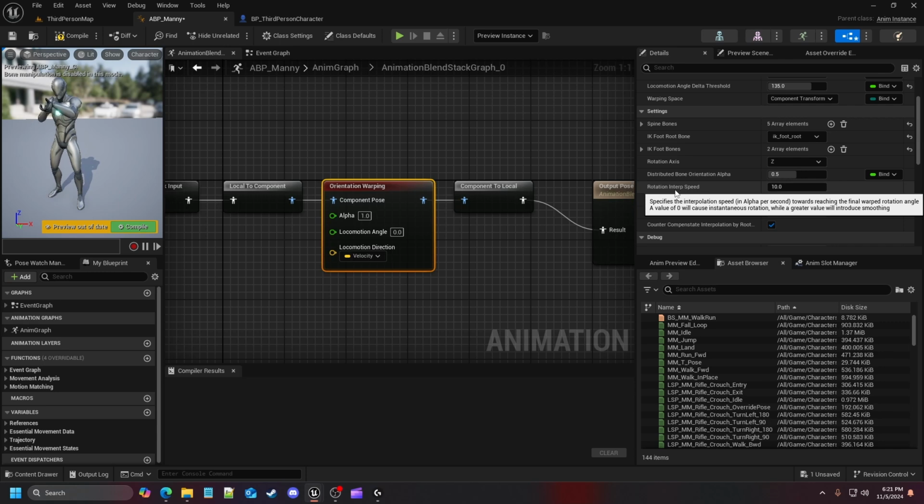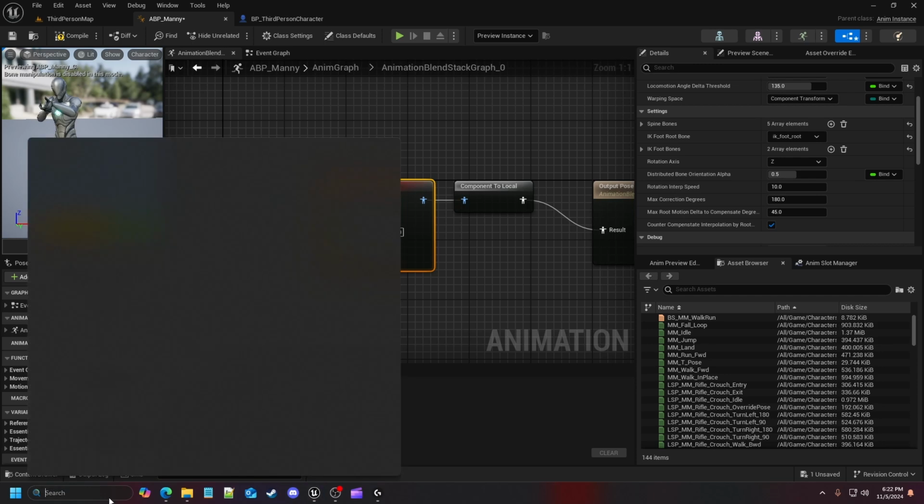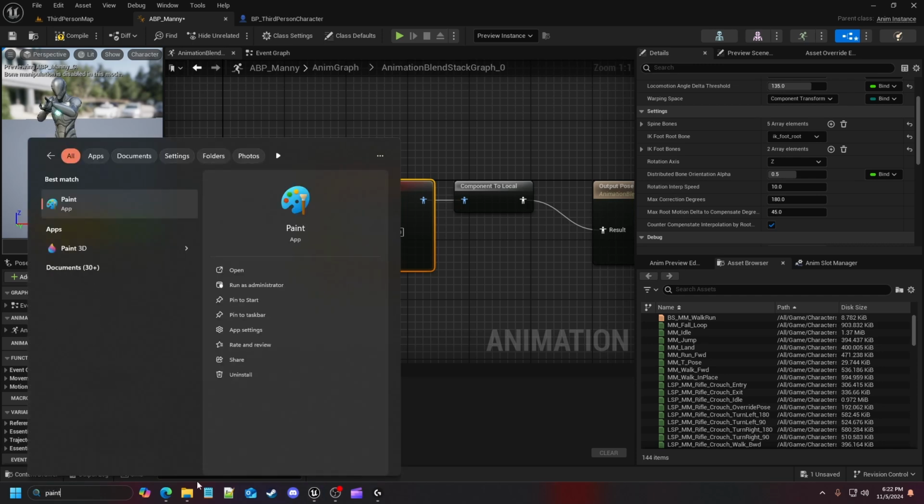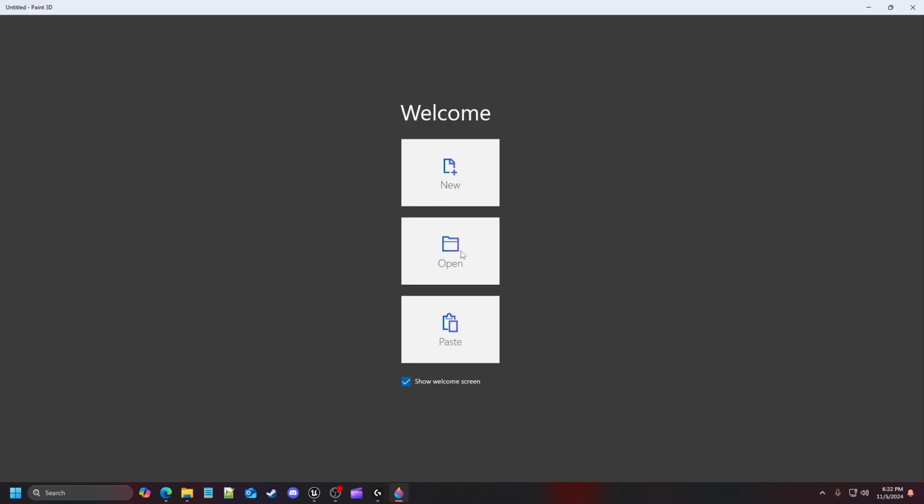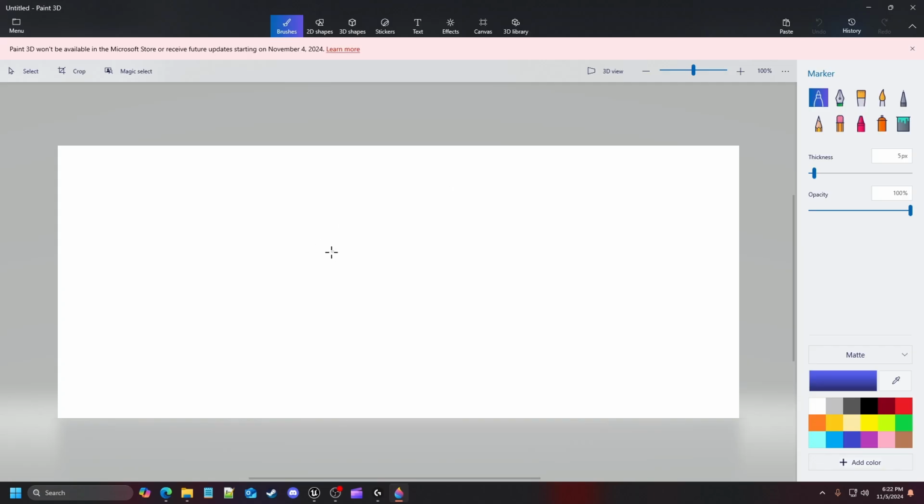So what interpolation does, and let me bring up Paint 3D because I really just don't want to use Paint. I think it's bad. Imagine you have point A right here, and then you have point B right here.